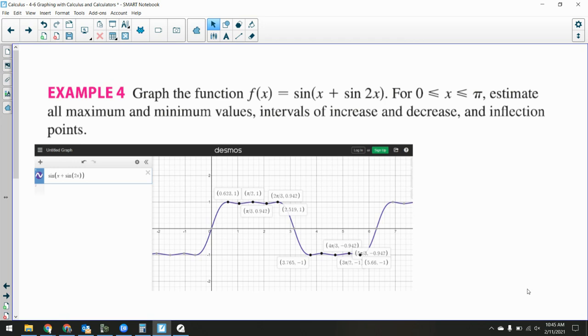And then I have to multiply by the derivative of the inside: 1 plus cosine 2x, chain rule again, times 2. So in other words, f prime of x is going to be cosine of x plus sine of 2x times 1 plus 2 cosine of 2x.